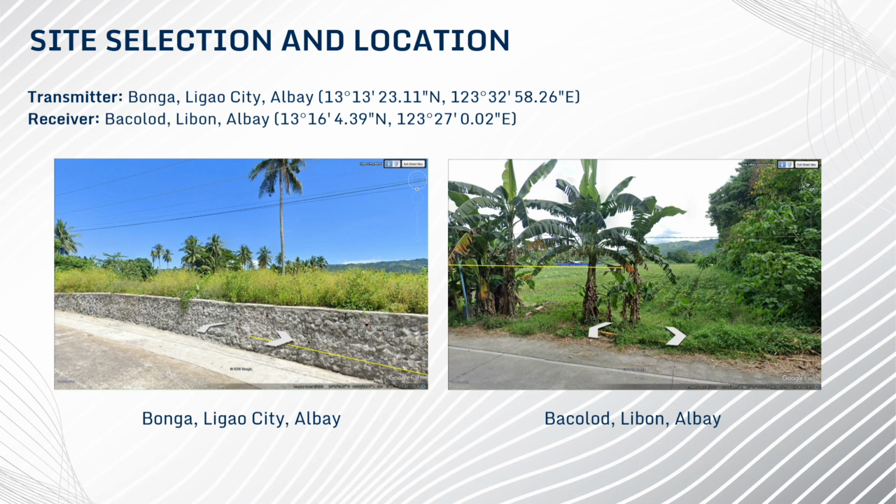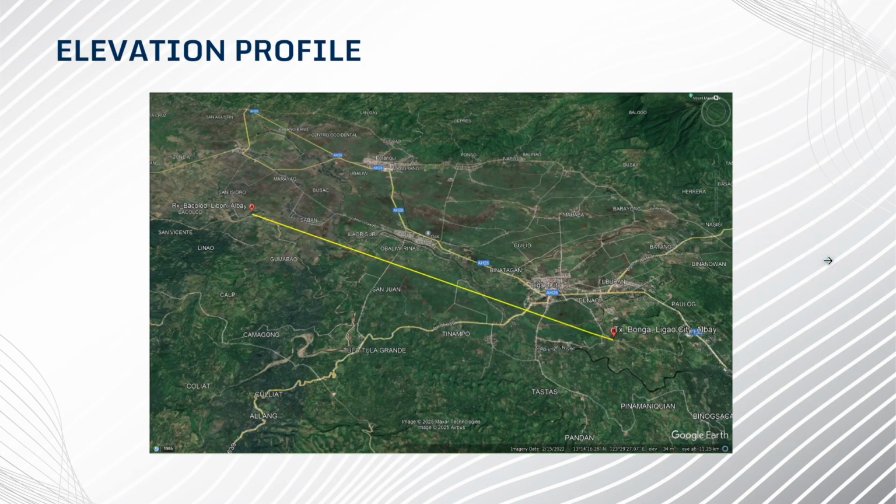Both locations were selected after thorough research and analysis by means of the zoning ordinance in each municipality. This precise site location and selection is essential in ensuring that our communication infrastructure is reliable. This is the site location of Bongaligal City, Albay, while this one is for Bacolod, Liban, Albay.